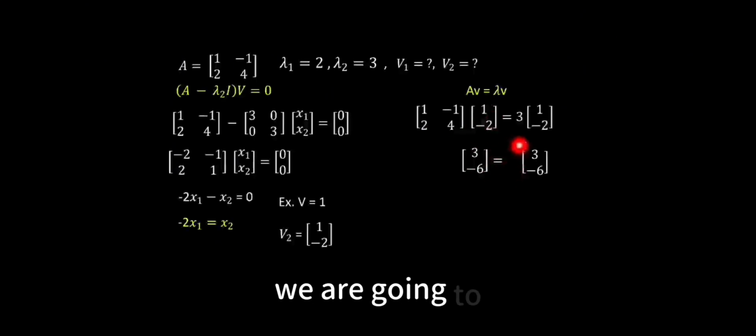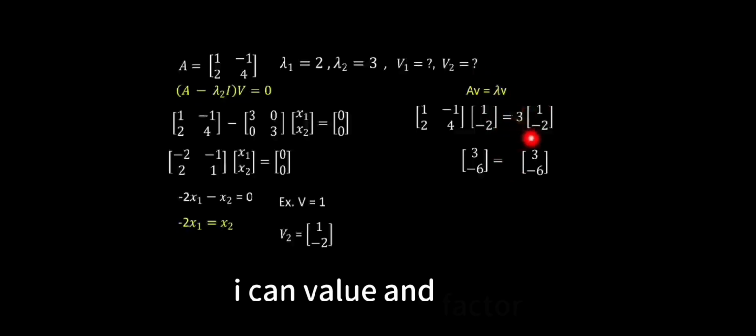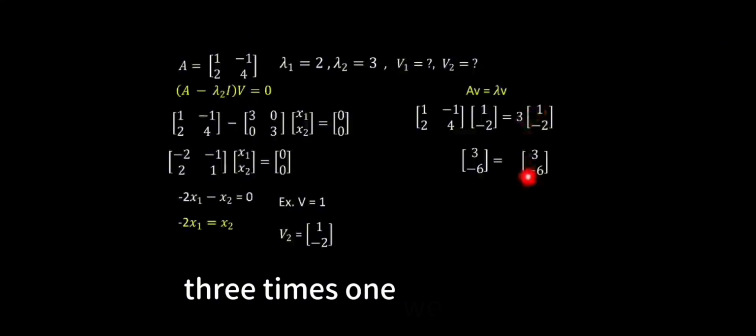We first multiply the eigenvalue and vector. 3 times 1, we get 3. 3 times -2, we get -6. For the matrix side, positive 1 times positive 1 is positive 1, and -1 times -2 is positive 2.